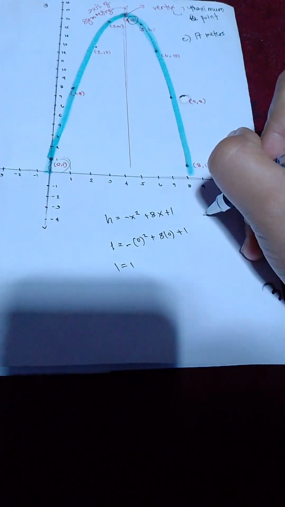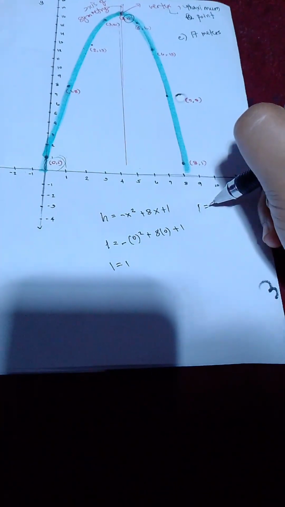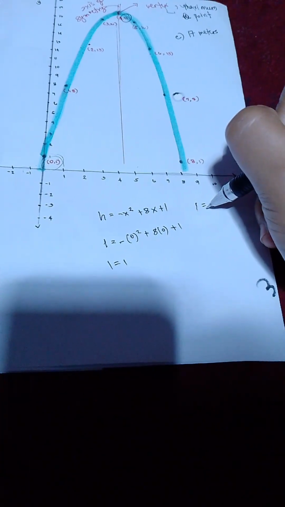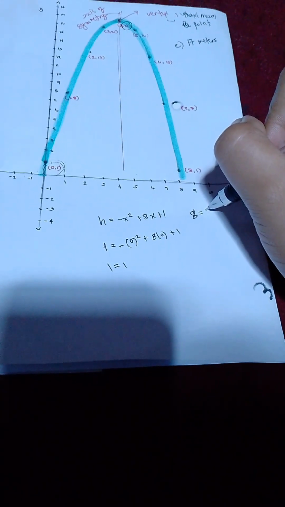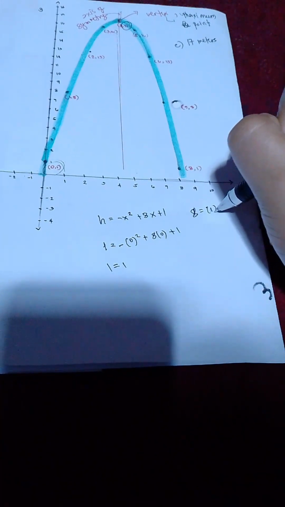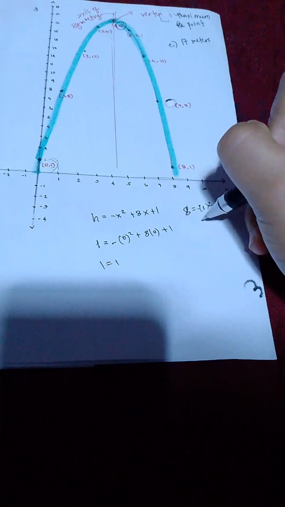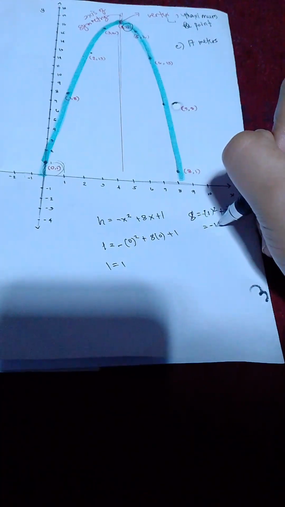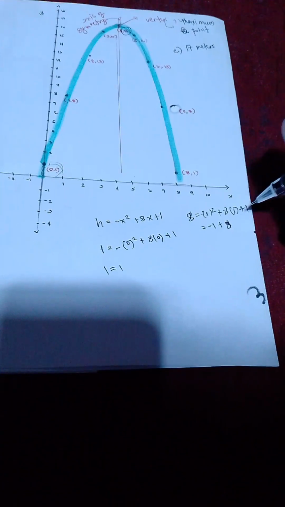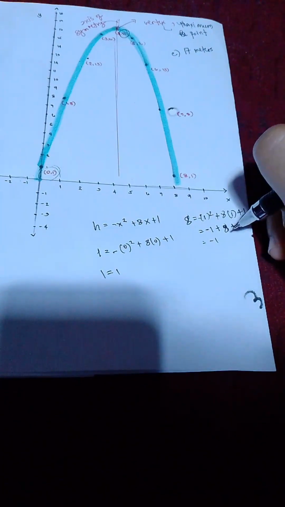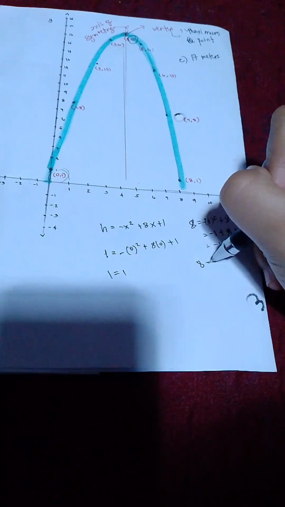Next, when x is 1, h is 8. We have negative 1 plus 8 plus 1, which is 8. So 8 equals 8.